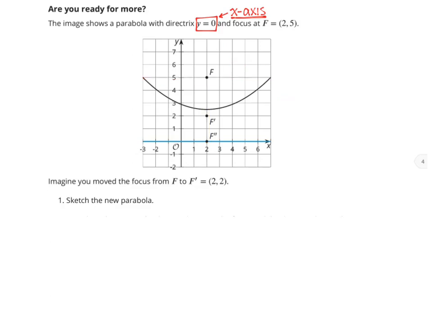So we're going to sketch this new one when it gets down there. Well, the distance to F prime, because we moved this down to F prime, is 2 units from the directrix, which means straight across from that, we've got a width of 4.